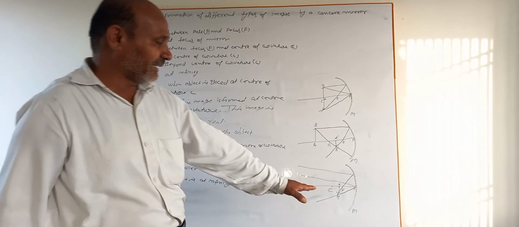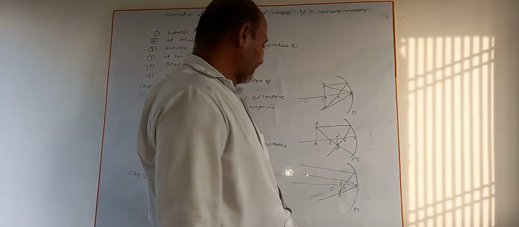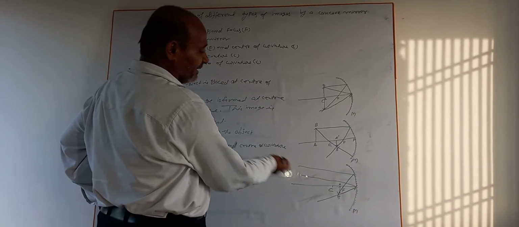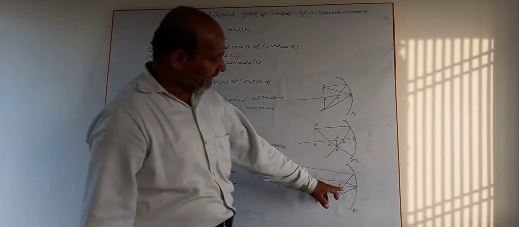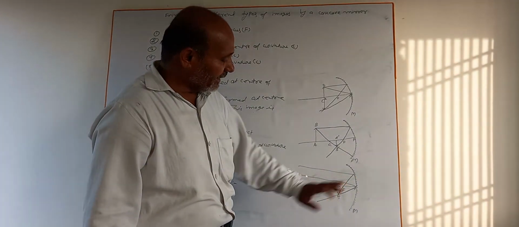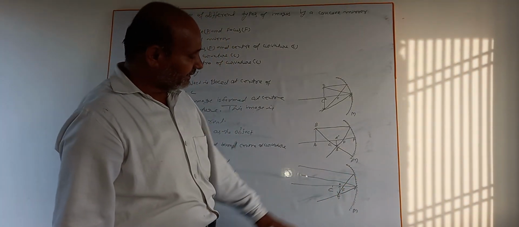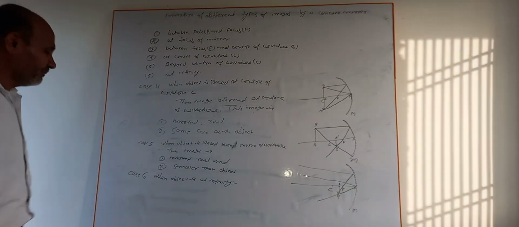In this ray diagram, the image is formed at focus of the concave mirror.